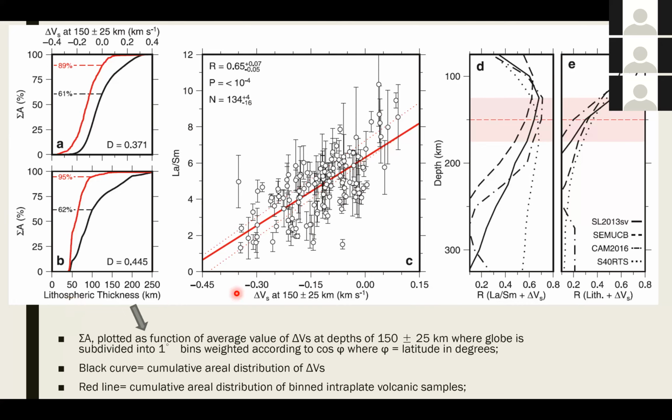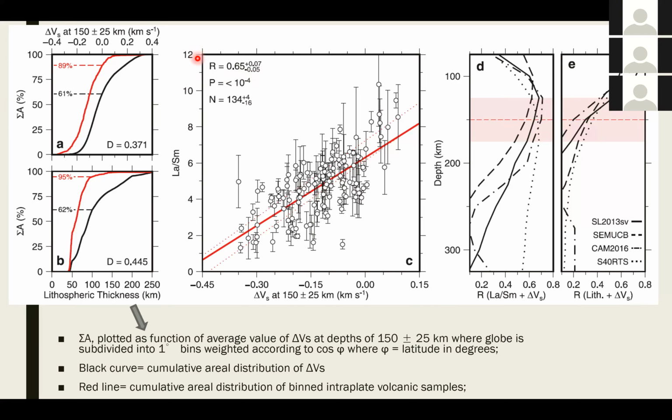And then they made this Figure 3 to explore the relationship between the tomography and geochemistry. Before that, they did some data filtering: all the samples that have MgO contents less than 9 weight percent and more than 14.5 weight percent are removed from the database, to ensure that only samples close to the composition of primitive mantle melts are retained.